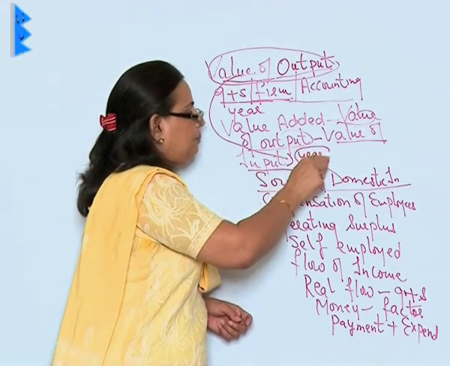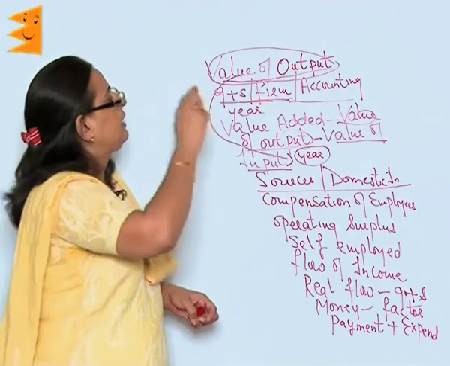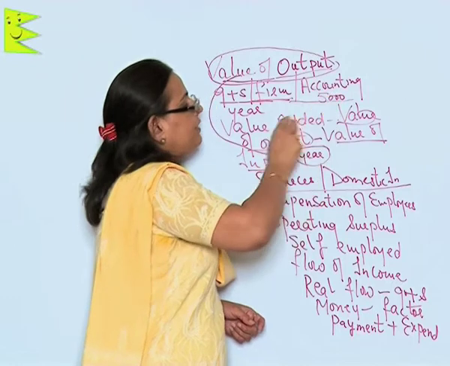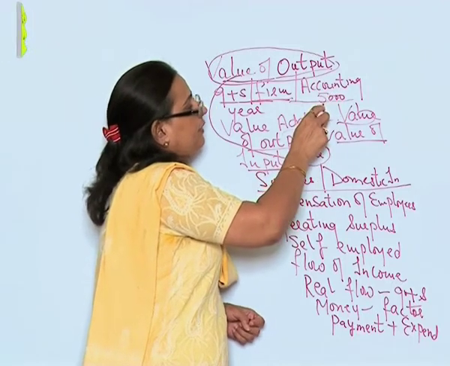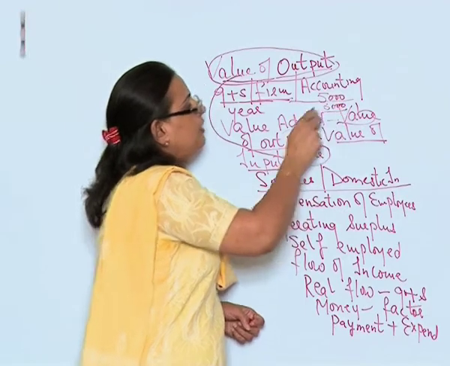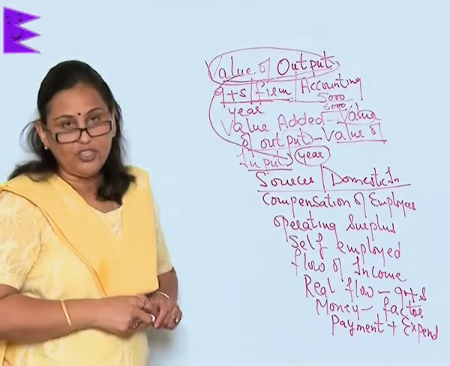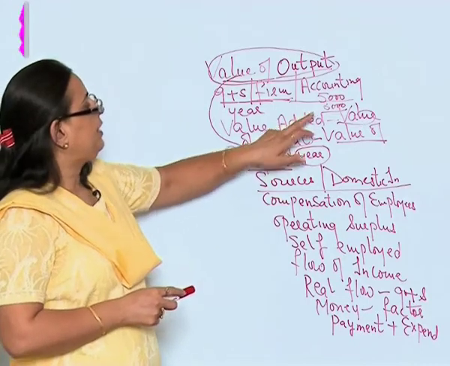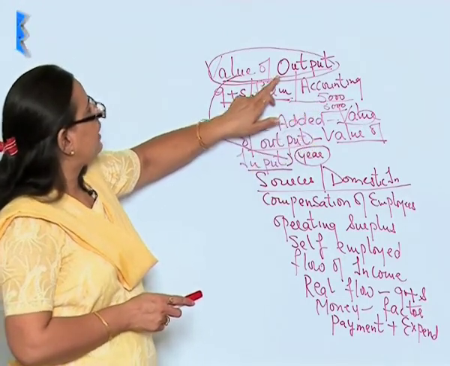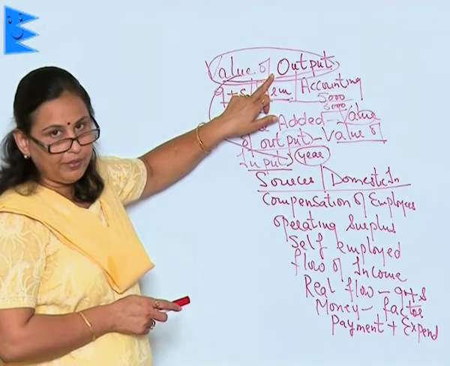That is to say, supposing 5,000 shirts and 3,000 trousers were manufactured by a firm in the accounting year, which means 8,000 is the value of output.